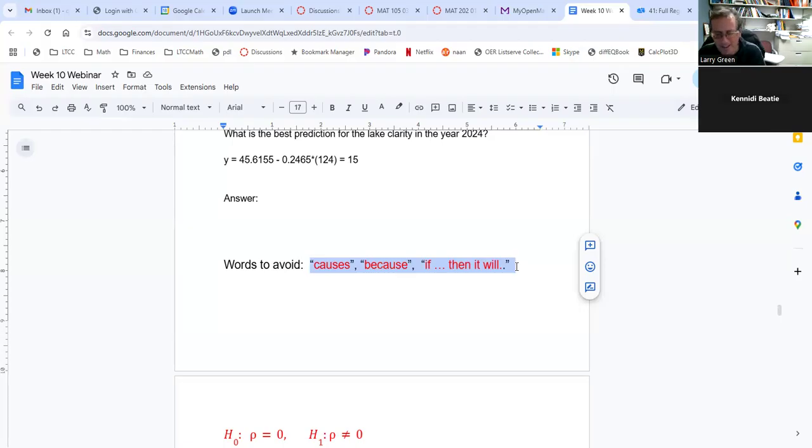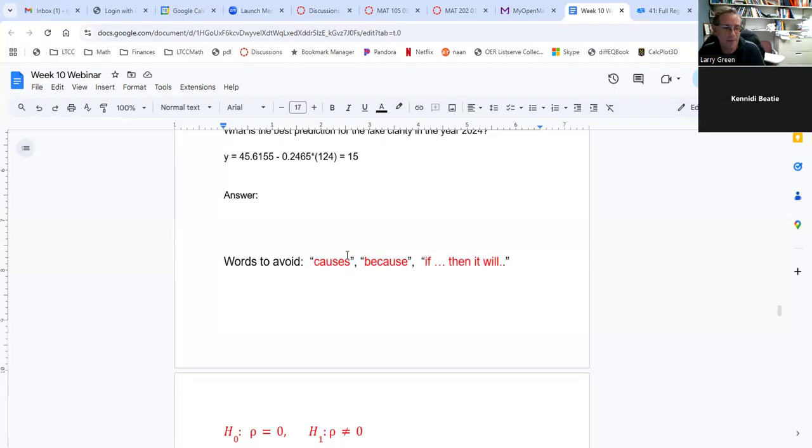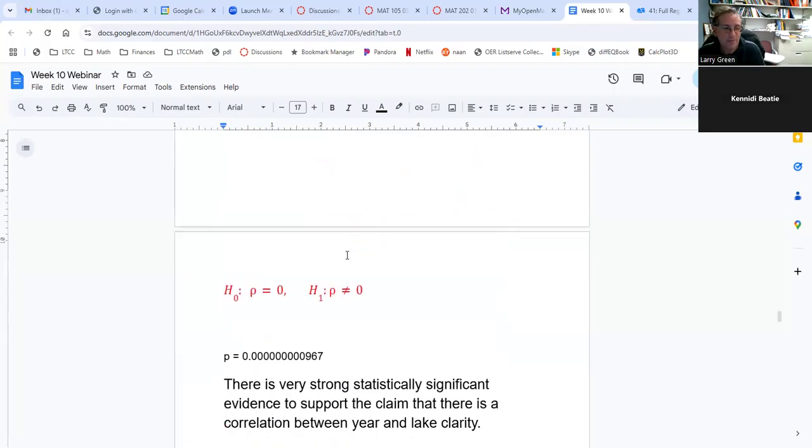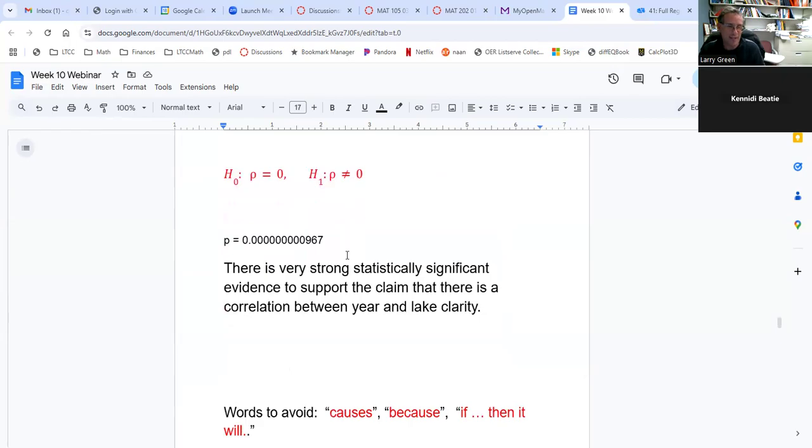Turns out the only time you can is when you have double blind control studies, which we talked about in week 1 of this class. But that's not regression analysis. Any questions on that? So correlation does not give you causation. All right. So this is what we talked about with light clarity.